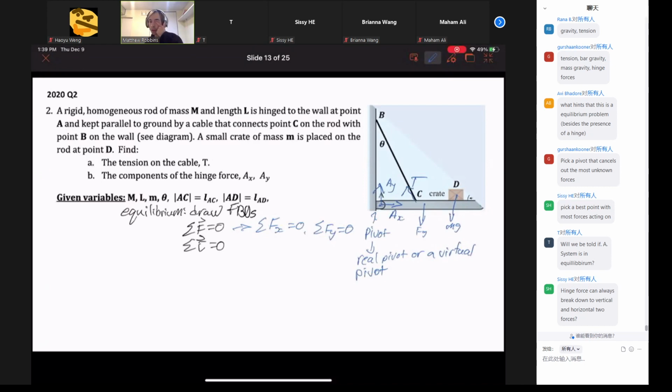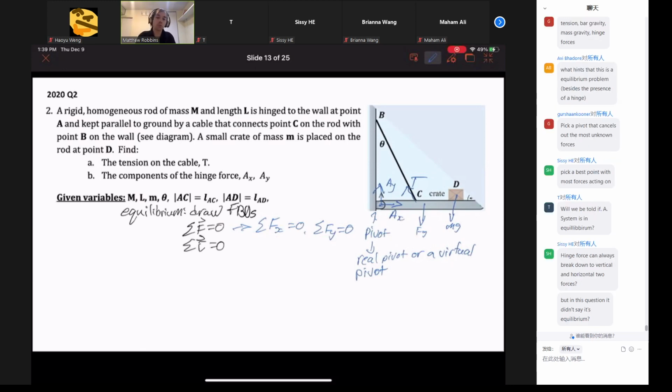The problem will be evident that it's in equilibrium. So if it doesn't say anything about some sort of rotational acceleration or translational acceleration, then it would be a good bet to assume that we're in equilibrium if it does seem like an equilibrium problem.